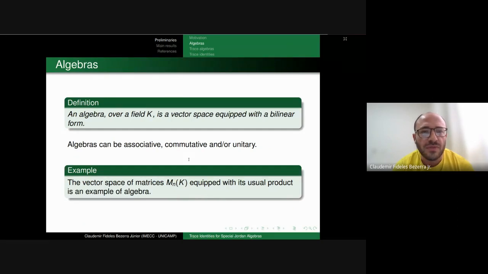In this talk, we consider an algebra to be a vector space equipped with a bilinear product over a field K. Algebras can be associative, commutative, or unitary. A natural example of algebra is the vector space of matrices equipped with its usual product.